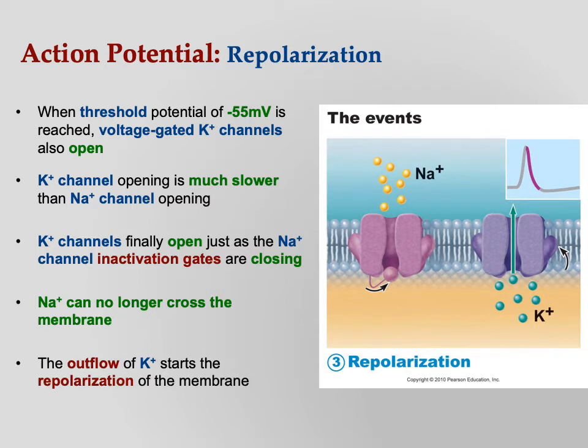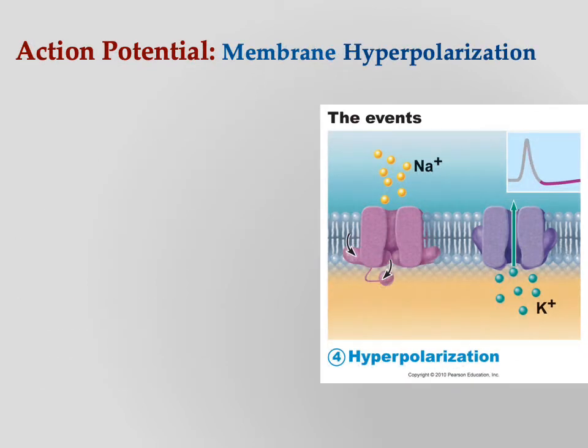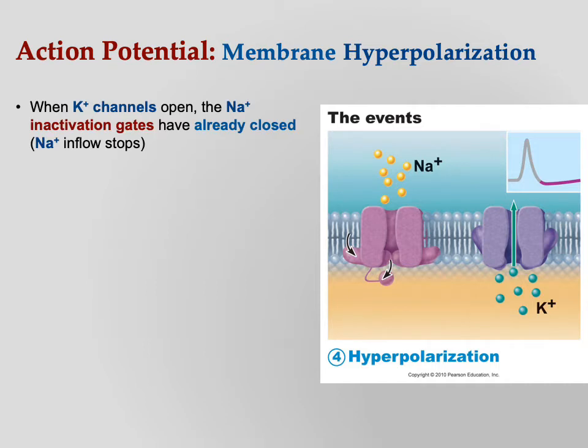Now we're just going to repolarize as all that potassium flows out, okay? And what happens next? Well, the inactivation gate finally opens again, but now the activation gate has shut. So now the sodium channel is getting back to its normal state, okay?